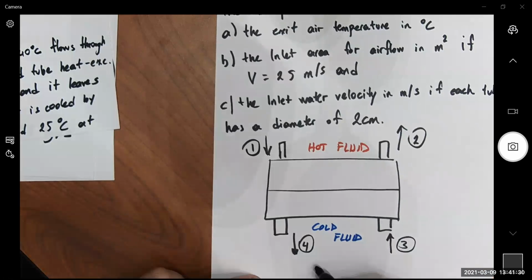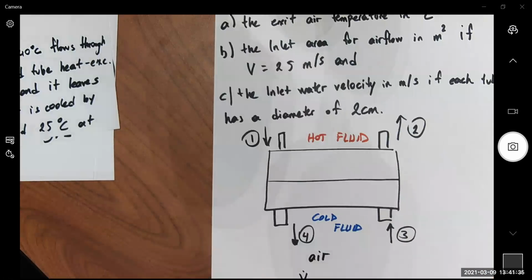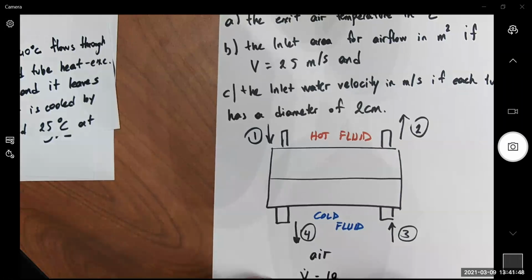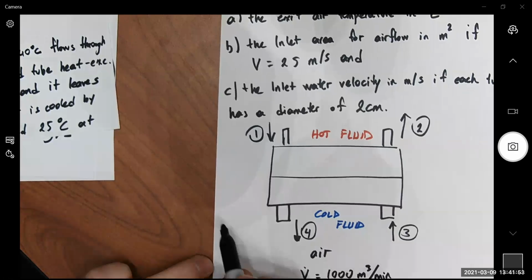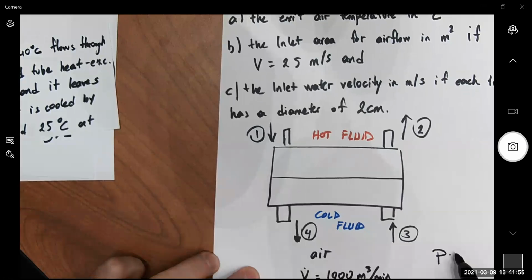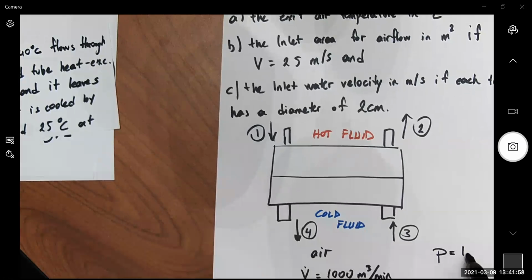In this case, air is the coolant. In the previous example, the refrigerant was the coolant cooling the air; now it's air cooling the water. Volumetric flow rate is given as 1,000 meters cubed per minute. Pressure 1.1 bar, temperature 25 degrees Celsius.